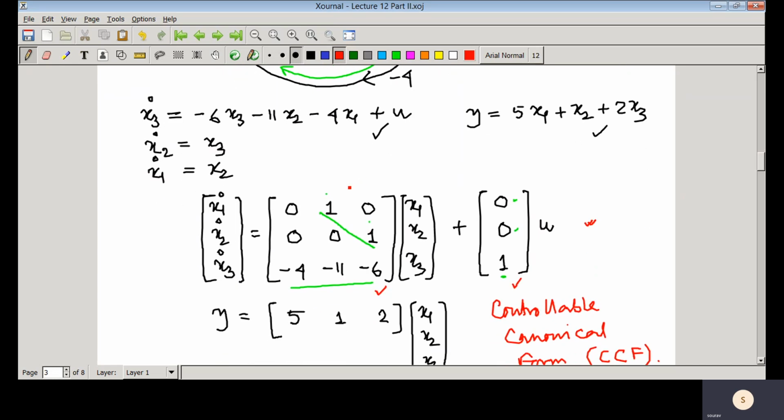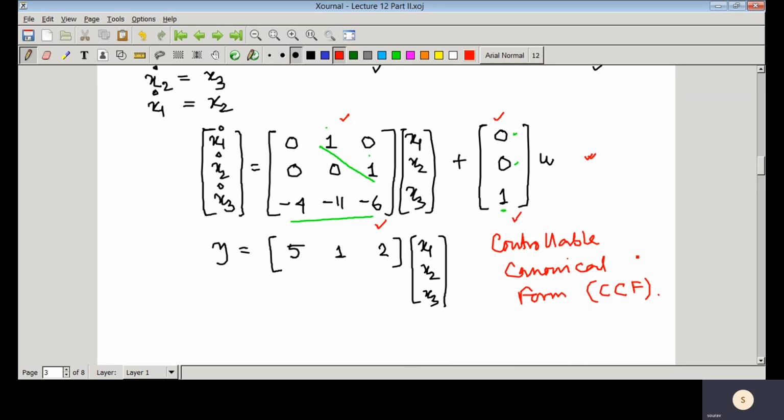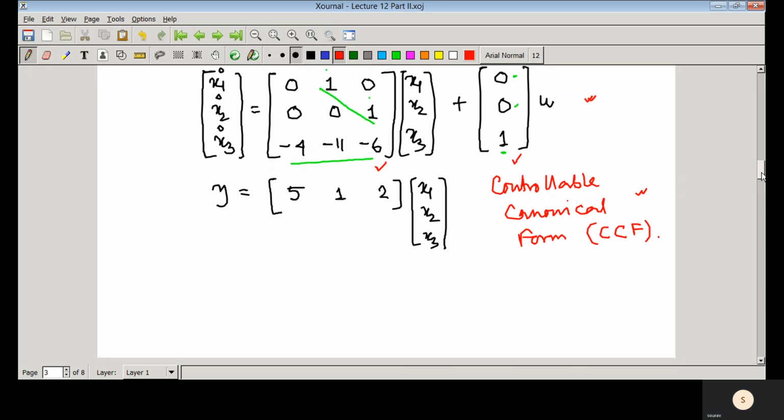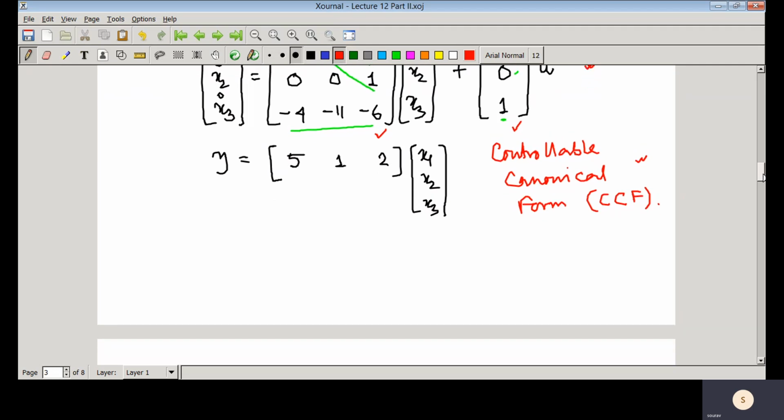And in the system equation, you can see that A and B have some special structure. This particular realization is called controllable canonical form. So we again realize, as we have already discussed, that the state space realization is not unique. So we can also realize this particular transfer function in a different form.